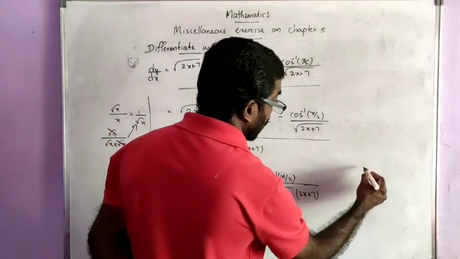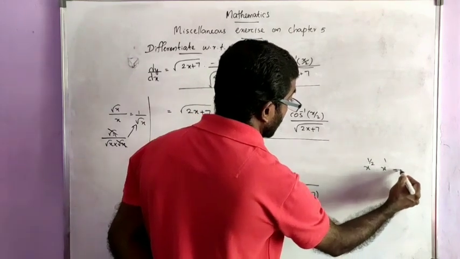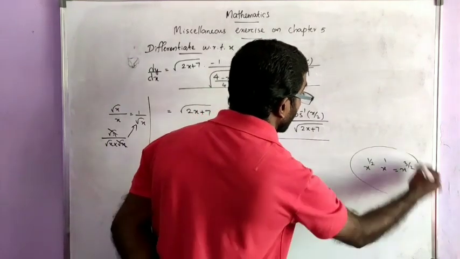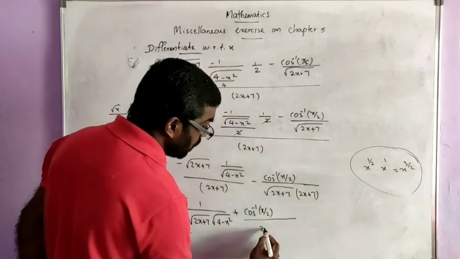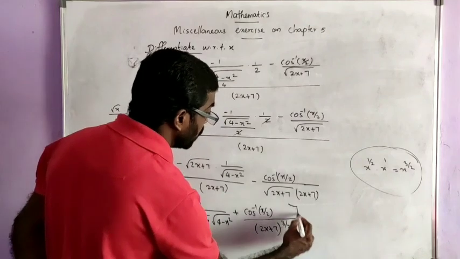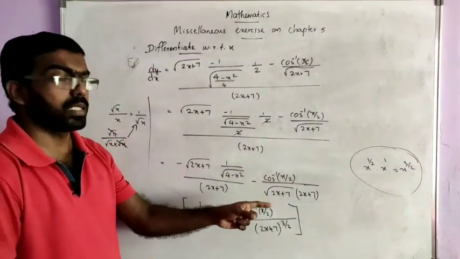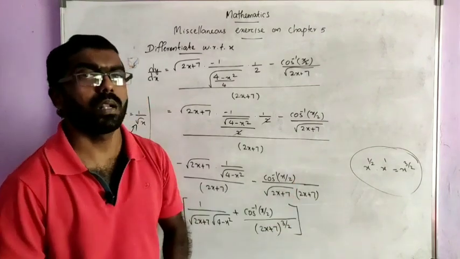That means root x raised to 1 by 2 into x raised to 1, and it is x raised to 3 by 2. Clear? So here we can combine these two, 2x plus 7 the whole raised to 3 by 2. Root 2x plus 7 is 2x plus 7 the whole raised to 1 by 2 and 2x plus 7 the whole raised to 1.